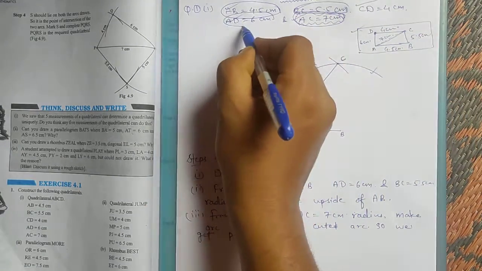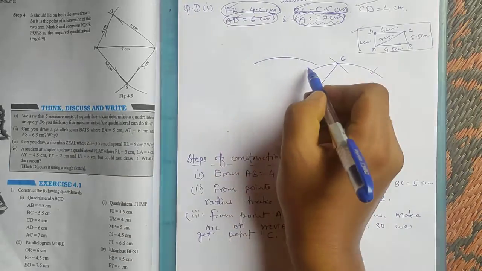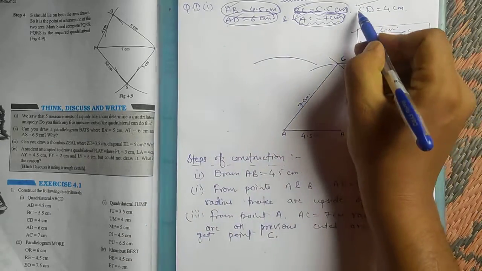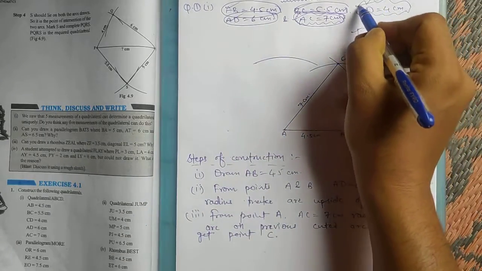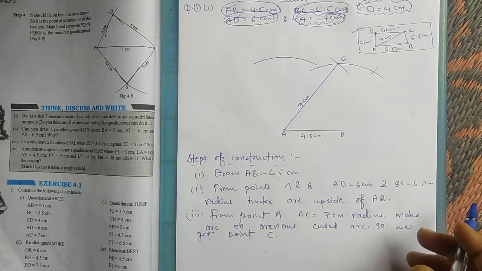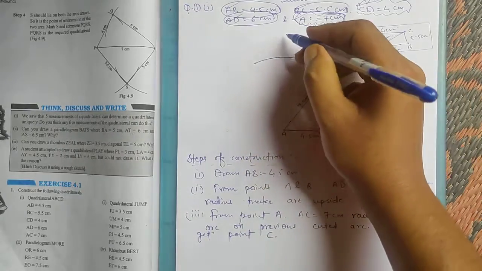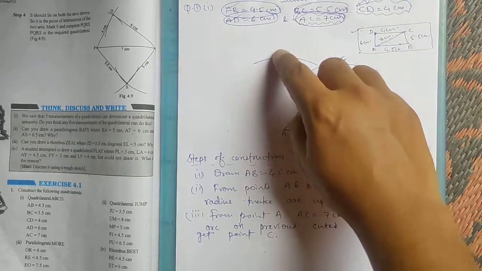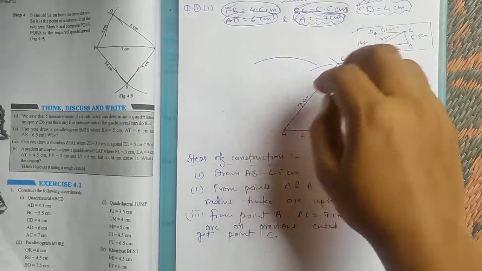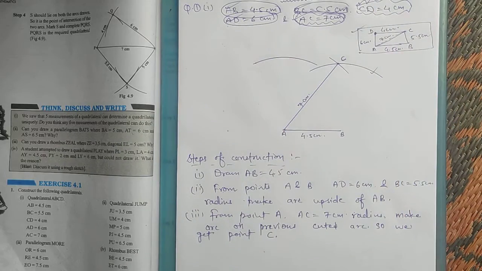AD equal to 6 centimeter, we cut arcs already. Now one measurement is left, CD equal to 4 centimeter. From point C we have to cut an arc on the previous arc drawn from point A to get the point D.